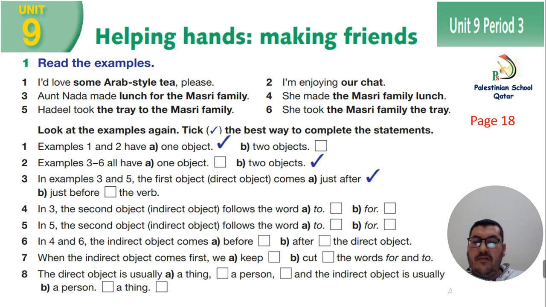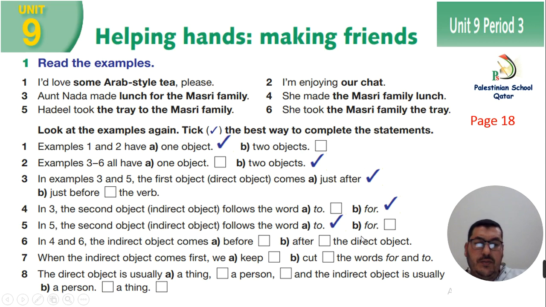And number 4, in 3, the second object, the indirect object, follows the word what, "to" or "for"? Follows "for".